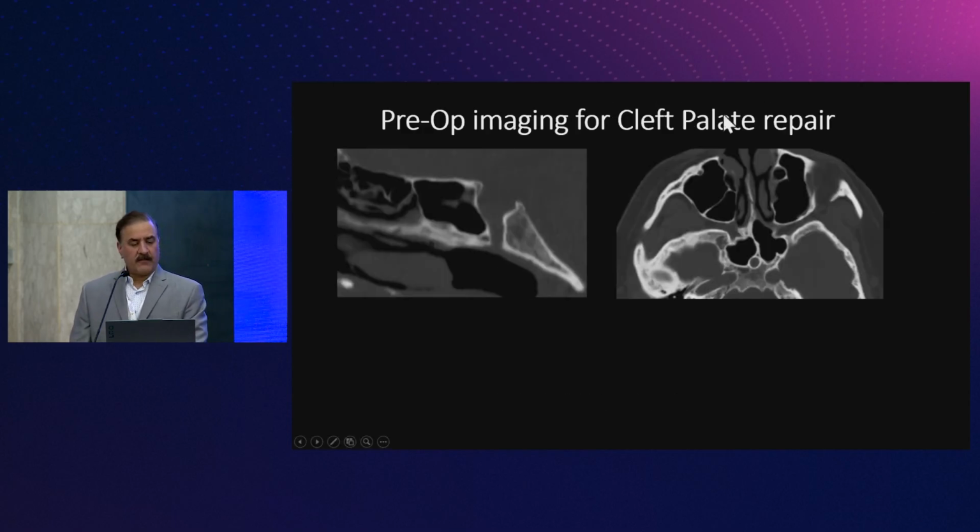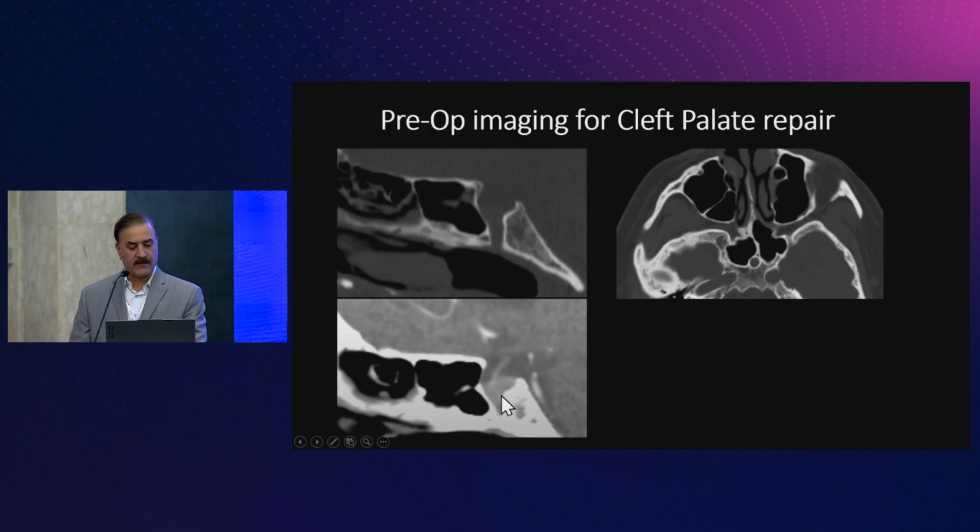This patient came in for pre-op imaging for a cleft palate, and now you can see that this is the pituitary gland. There's a defect in the floor of the pituitary gland, and then something extending all the way down to the nasopharynx. And then on the axial image, you can see this big, huge canal with sclerotic edges.